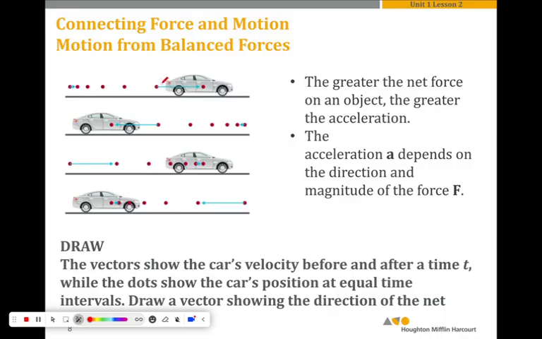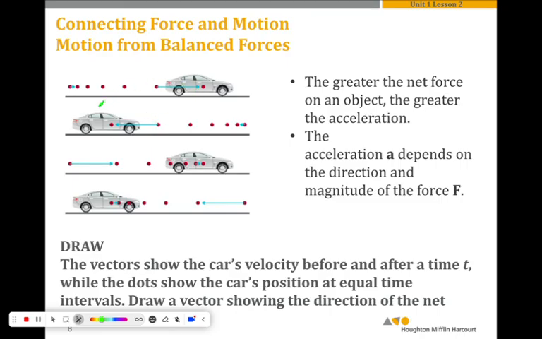These vectors in blue show the car's velocity before and after a time t, while the dots show the car's position at equal time intervals. So we're going to draw a vector showing the direction of the net force. Let's do that with green.